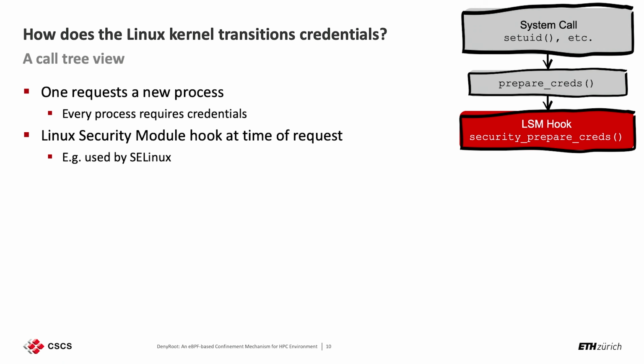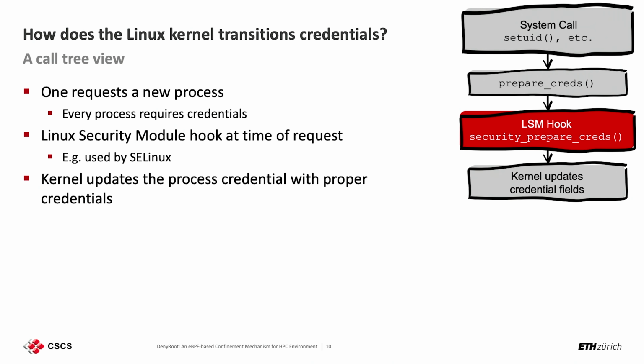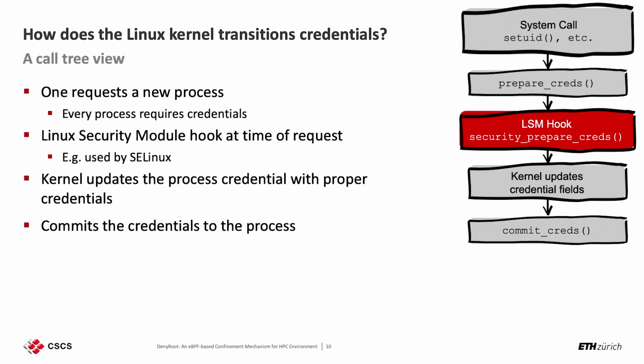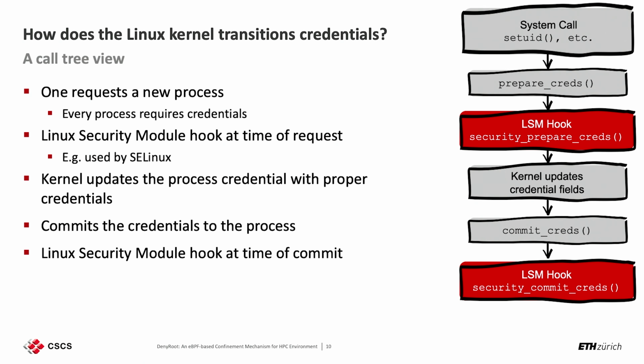These hooks are used by SELinux, for instance, to block whether or not a process is allowed to run. They are also used by other modules, but SELinux uses them the most. If the check passes, the kernel creates the new credentials and updates them into the application, which is called commit_creds. You can also intercept that call, and there is another security hook, security_commit_creds.